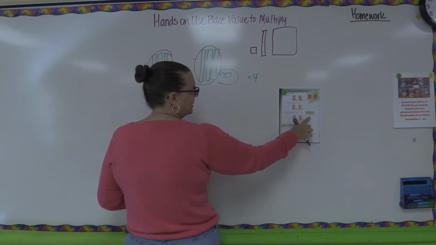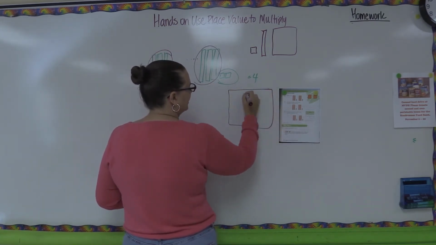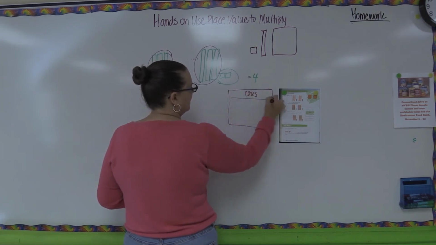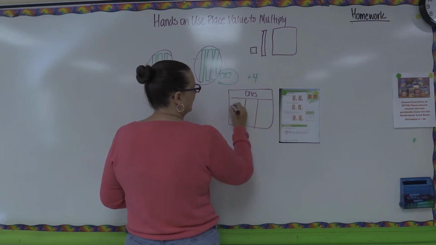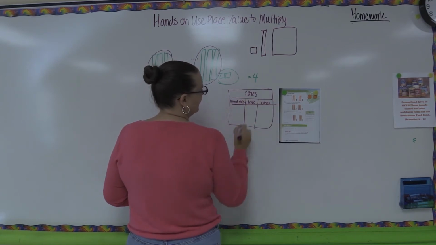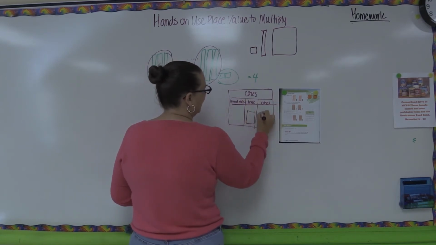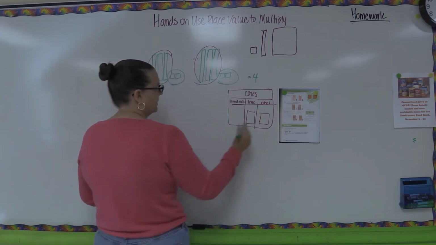So in your place value chart underneath here, we're going to fill in the tens also. So for the ones, I'm just recreating this particular chart that we have here. So this is hundreds, this is tens, and this is ones. If we're going to put in the numbers that we came up with, how many ones did we have? We had 4.